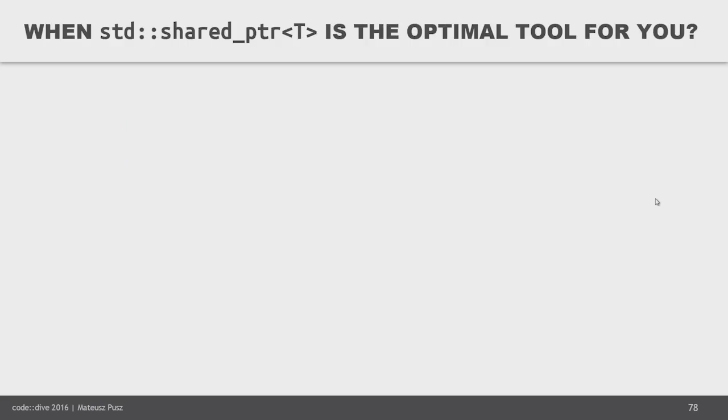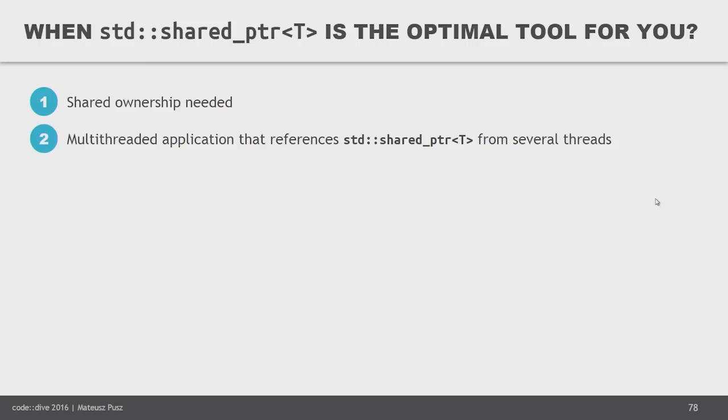So, when is the shared pointer the optimal tool for you? First, your application has to have shared ownership in your design. Second, you have to use more than one thread, and you have to share the data pointed to by the shared pointer between them. Third, you have to use the weak pointer, for example, to break cycles.